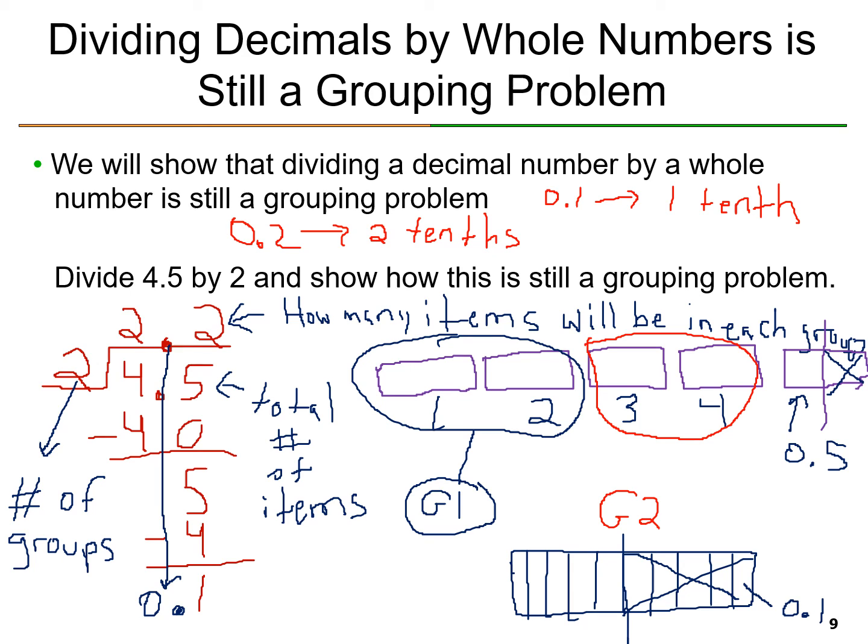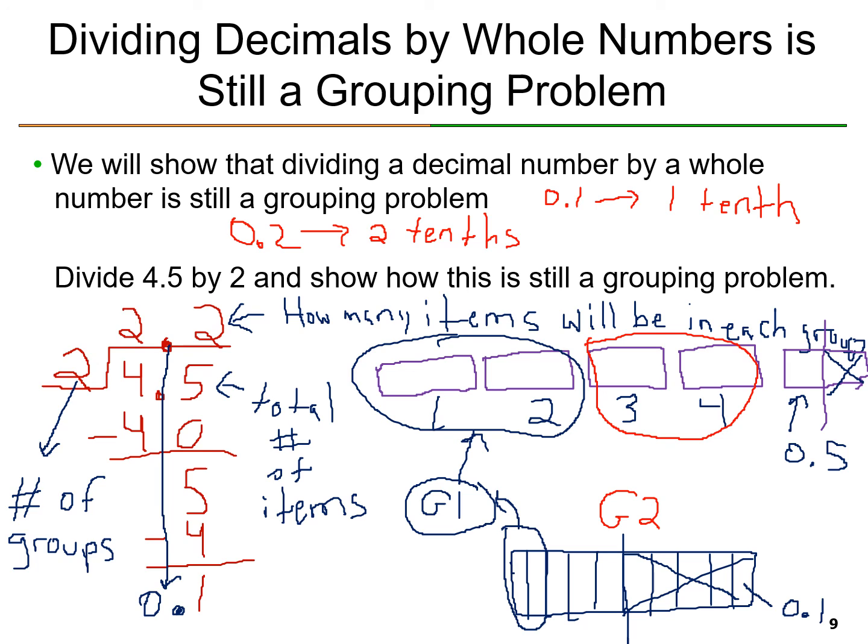Now, in the answer here, the 2 tenths, each group is going to have 2 tenths of an item. So group number 1 is going to get 2 tenths of an item. It's going to get these 2 pieces right here. These 2 belong with this group.